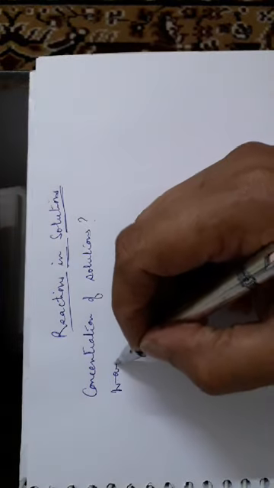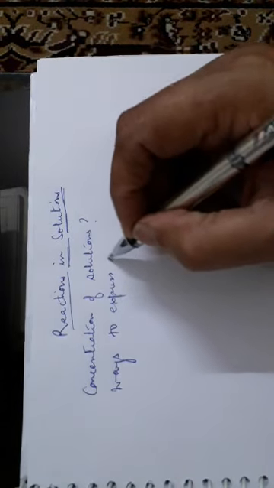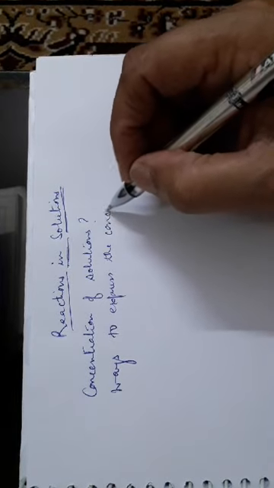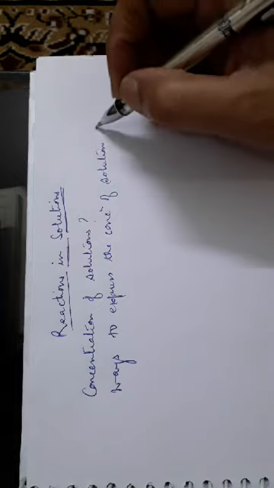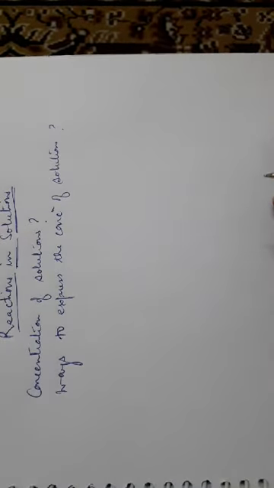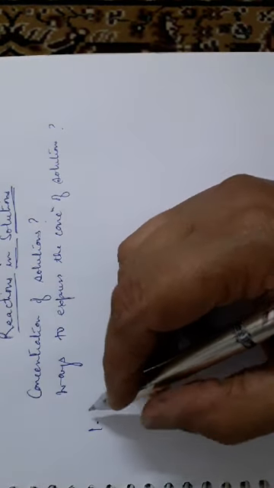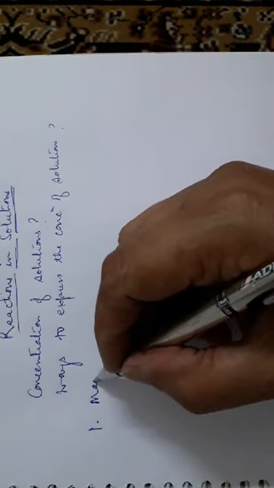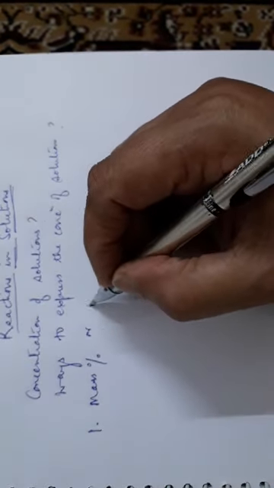Ways to express the concentration of the solutions. There are various ways in which we can express the concentration of the solutions. First is mass percent, or we can say weight percent.